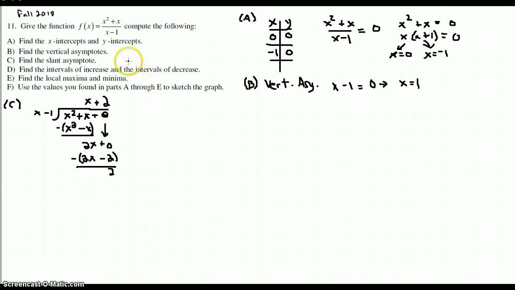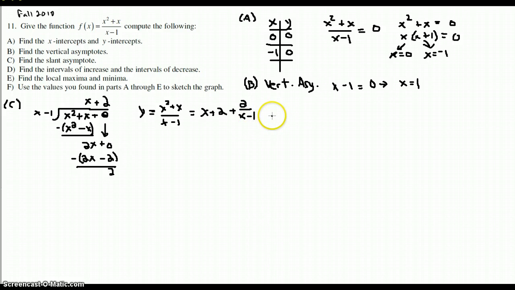And so what you're basically saying is that this function y, which was (x squared plus x) all over (x minus 1), can be rewritten as x plus 2, and then the remainder goes above the divisor, 2 over x minus 1.